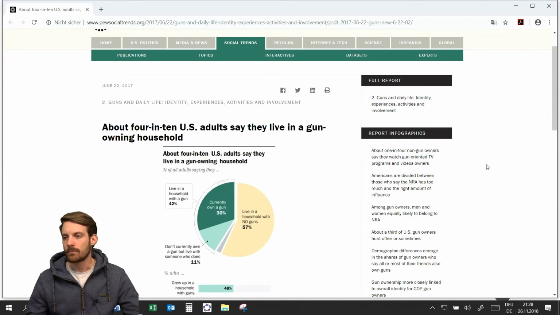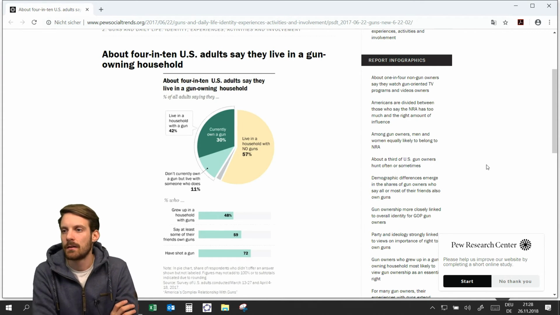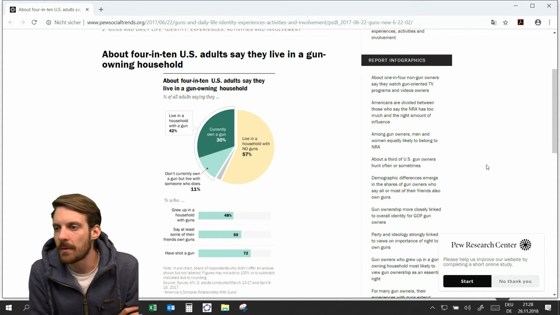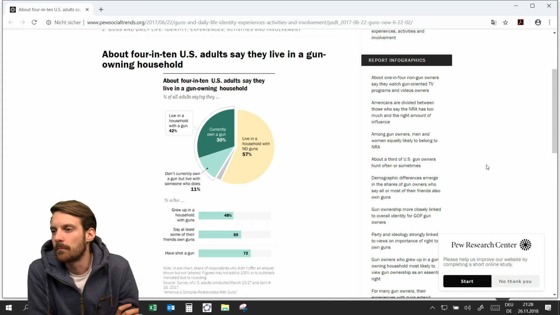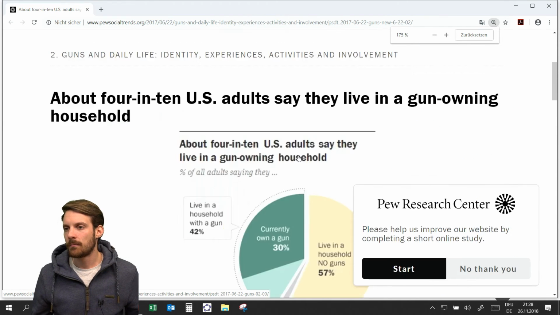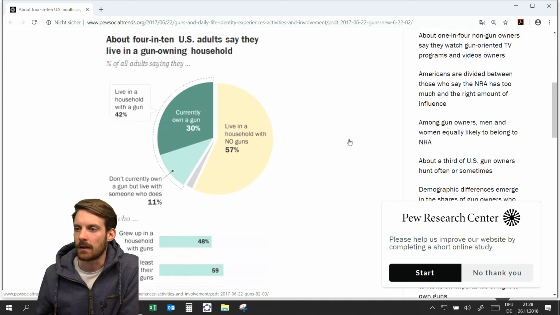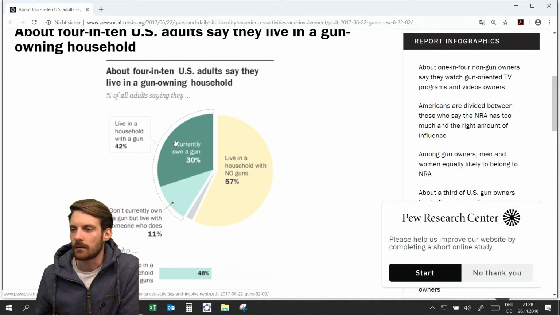In this case, it's about statistics that tell you all about gun-owning households in the US. In this case, 42% live in a household with a gun. So 3 slices. It's all described here.